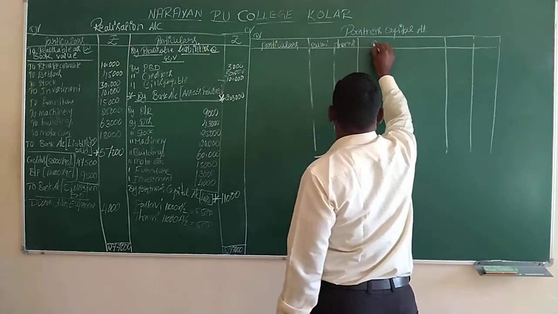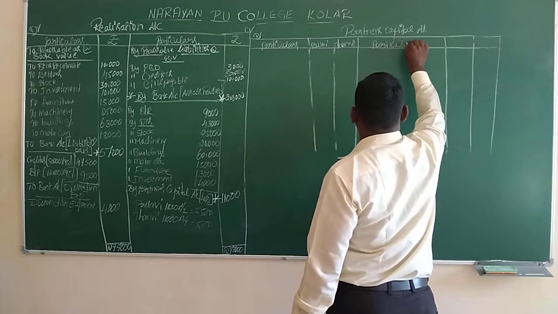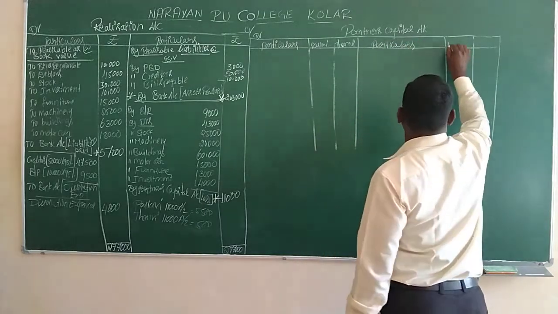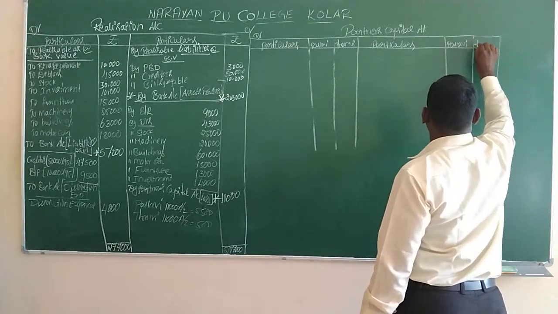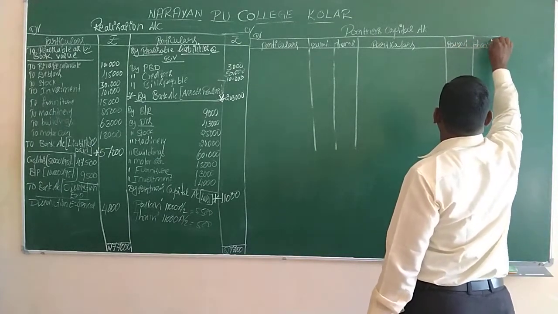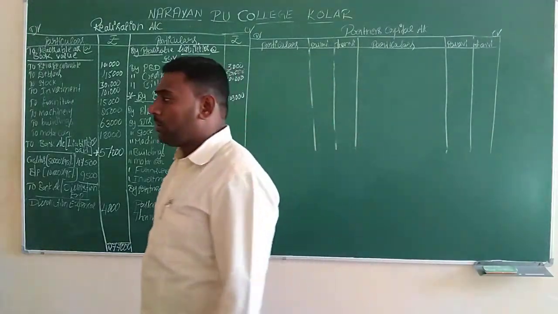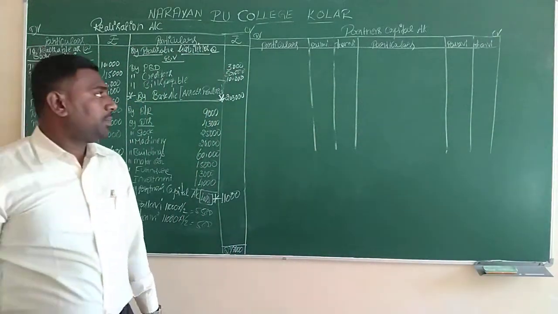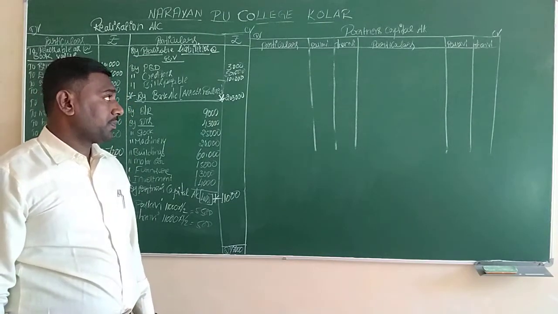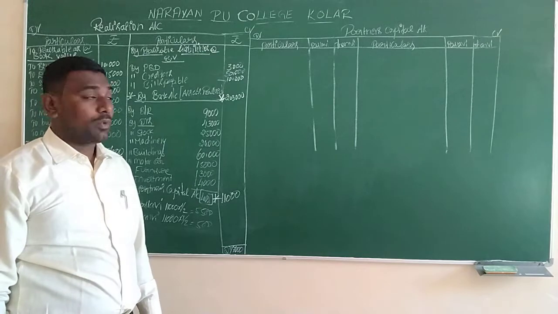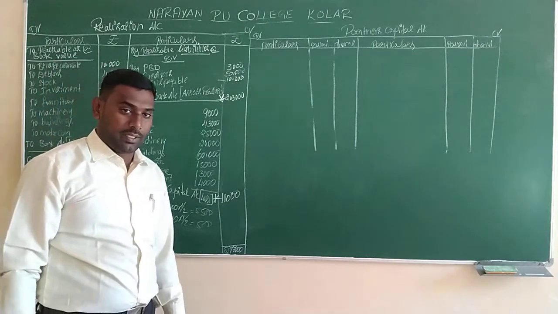Again credit side particulars, Pallavi, Tanvi. Particulars amount, Pallavi, Tanvi. So here the details are given. What does that mean? The partners related transactions are given.